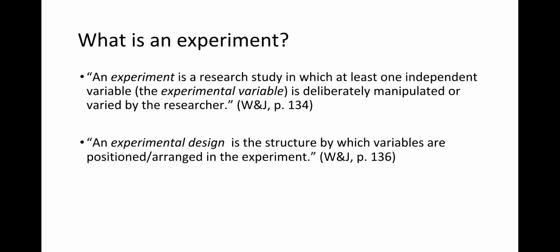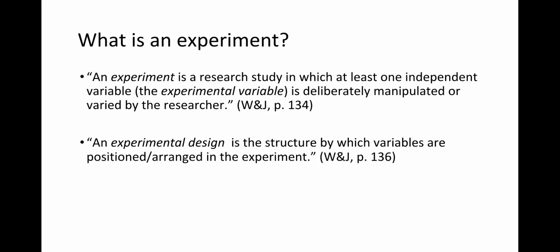Many independent variables, for example gender, cannot be experimental. Why? Gender, you observe it, but you didn't create two different types of gender, especially in human subject research. You didn't assign subjects to, hey, you become a female, you become a male, right? So we call it an observational variable, a non-experimental variable.